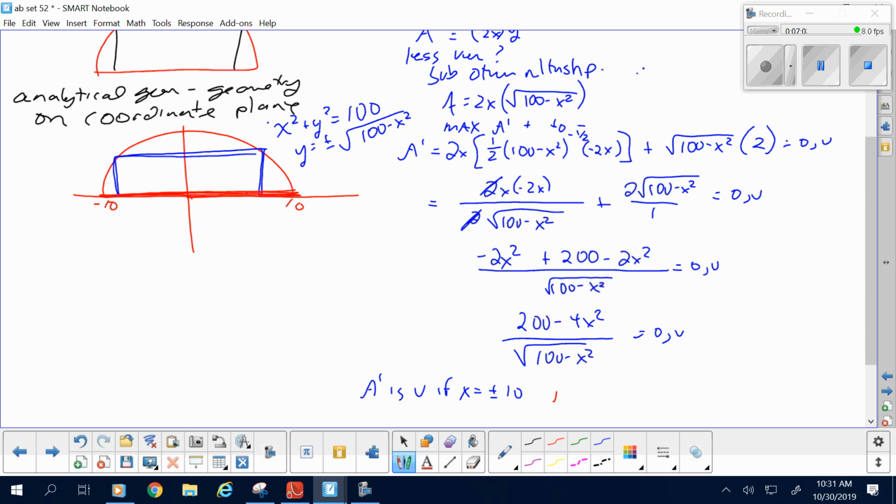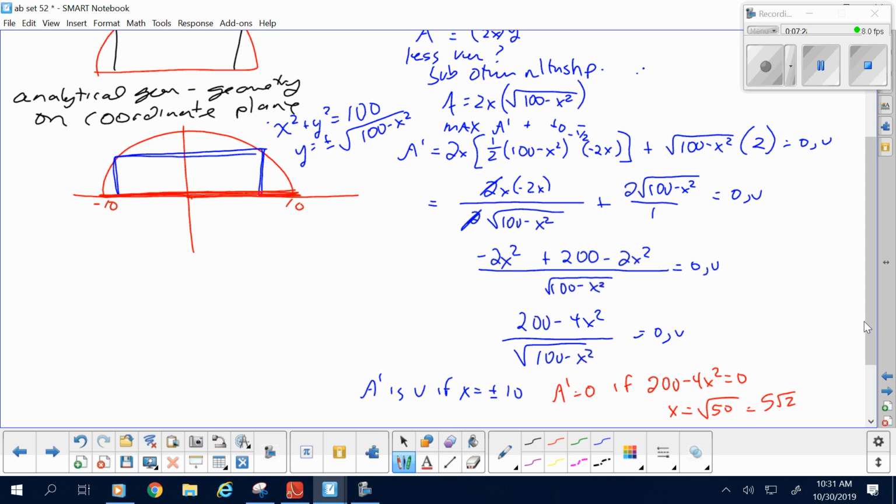So let's talk the other. A prime is 0 if 200 minus 4x squared is 0, which implies that 200 is 4x squared, or 50. What do we got there? Yeah, x squared is 50, so x is square root of 50, which is 5 root 2.